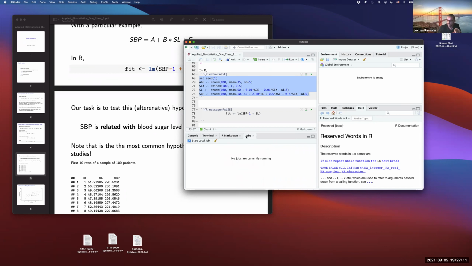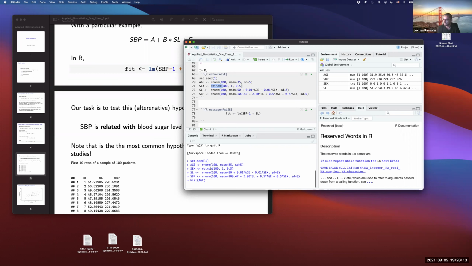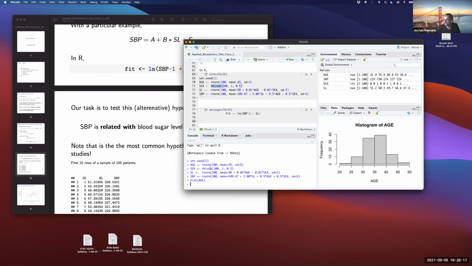And this is beautiful, because essentially this is giving you random, simulated data that represents the shape and form of a real data set. This is the histogram of age. And it's also quite well chosen, so you're choosing here 100 participants with a mean of 35 with a standard deviation of 5.